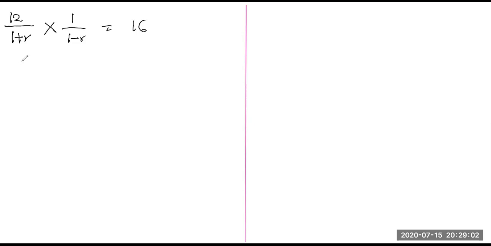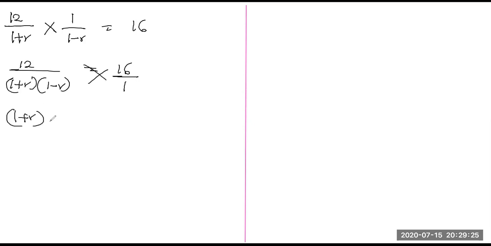We have 12 over 1 plus R multiplied by 1 minus R equals 16. I left it this way because I already saw something unique, which is the difference of two squares I just mentioned not too long ago. When you cross multiply, we have 1 plus R bracket 1 minus R multiplied by 16 equals 12. 12 times 1 is 12.